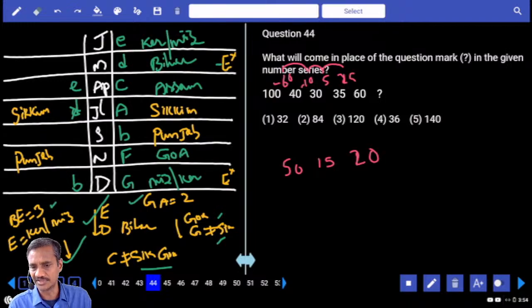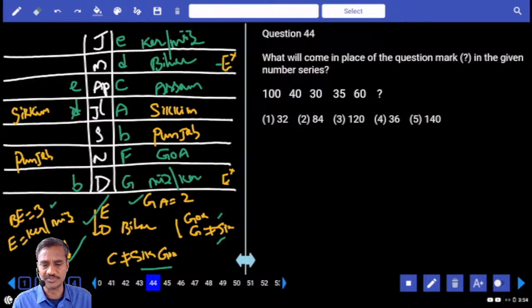Then any other information we have here? The next one is what here?